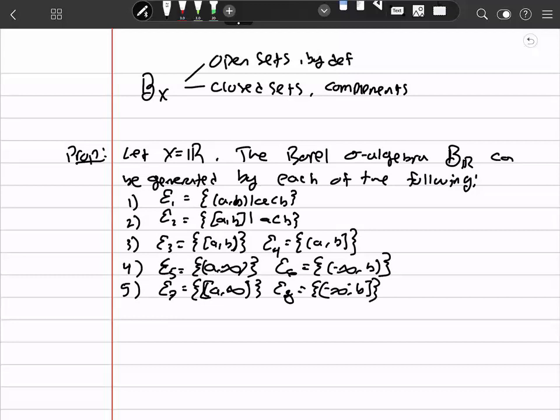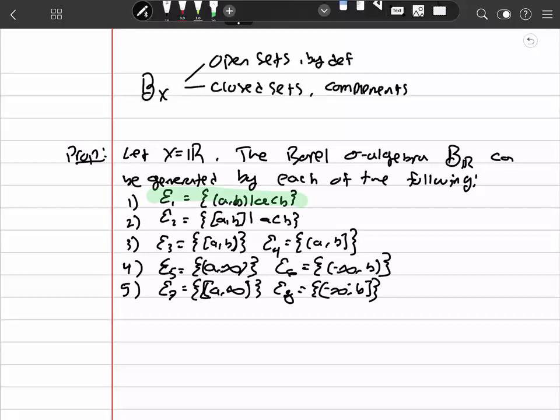So what we are saying here is that, well, our standard generating set, which is this one. If we look at the power set of R, and we look at all sigma algebras in the power set of R containing E1, or containing all of our open sets, then we'll get the Borel sigma algebra.